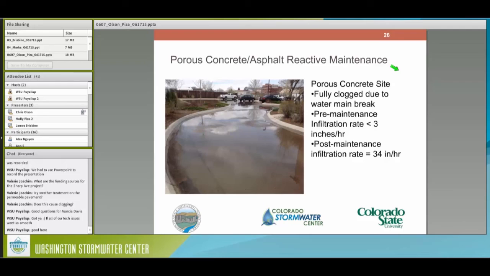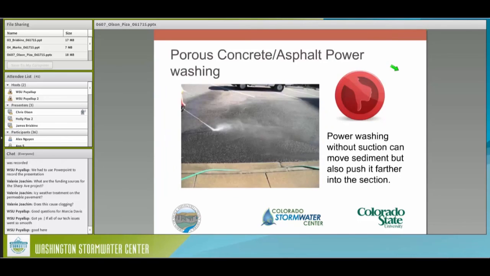The owners and the city were pretty concerned about this and thought that they were going to have to completely replace it, but we went in and tested that same vacuum hydro scrubber, and we did the infiltration rates again before and after and found that we were able to restore from less than 3 inches per hour to over 30 inches per hour by using that same method.